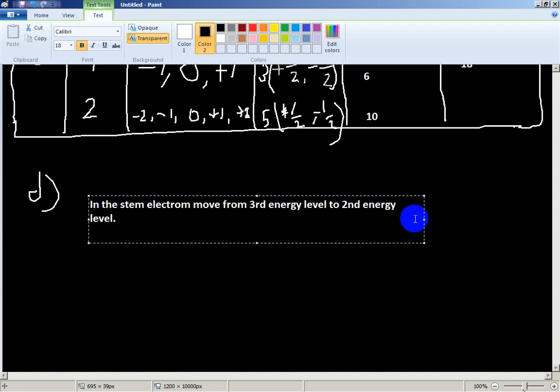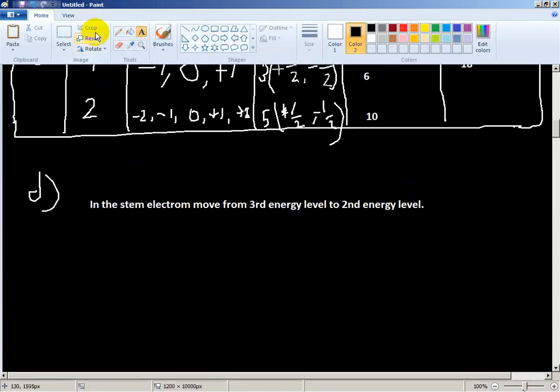So N1 equal to what? What is N1? N1 is 3, not.